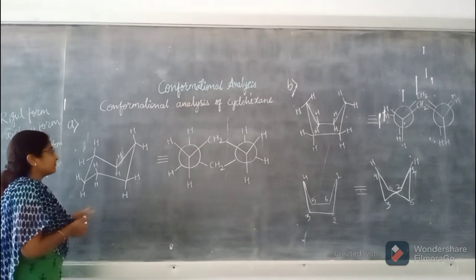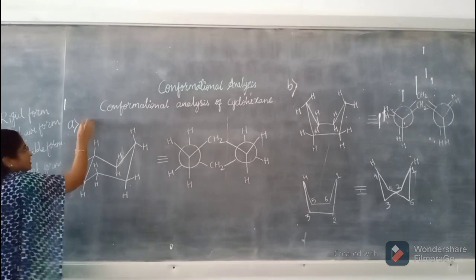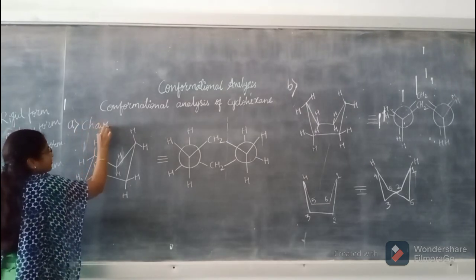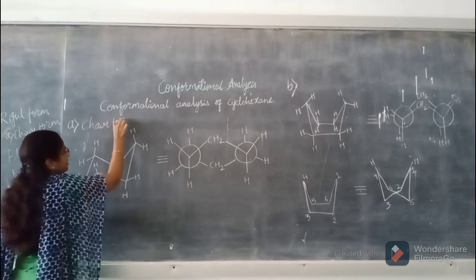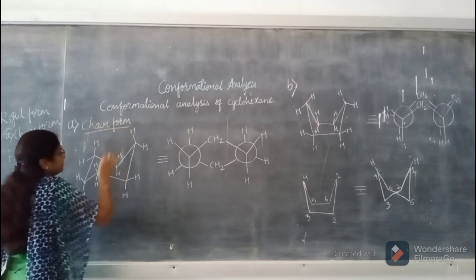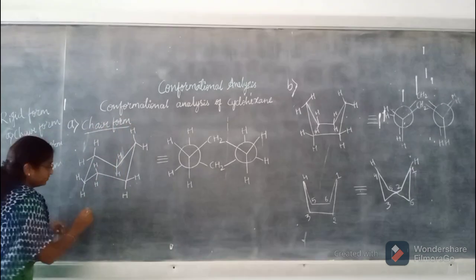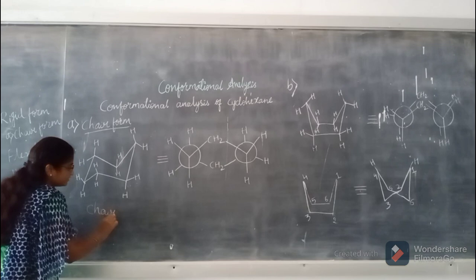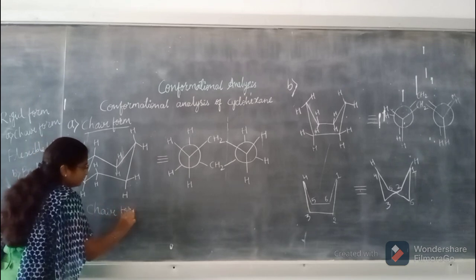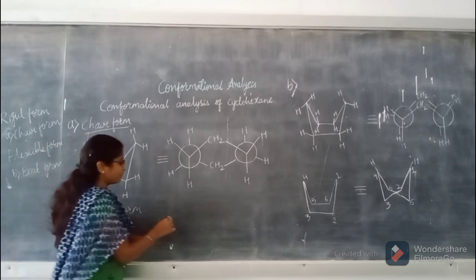The first conformation of cyclohexane is the chair form. Here this is your chair form of cyclohexane, and we are writing it in the form of Newman projection.